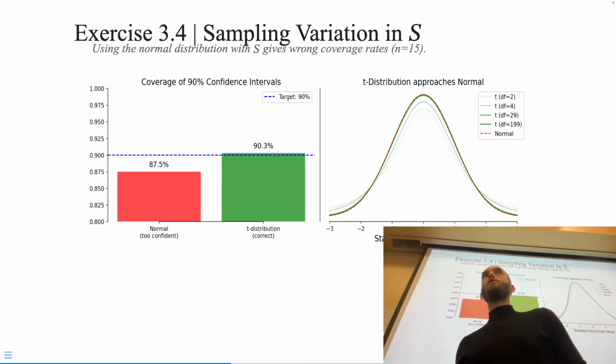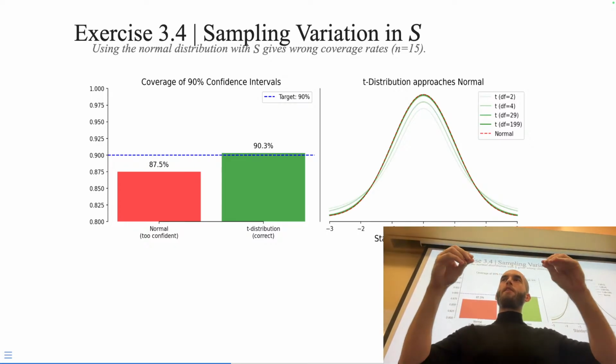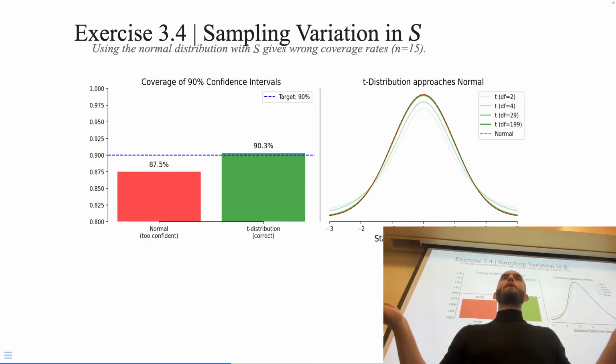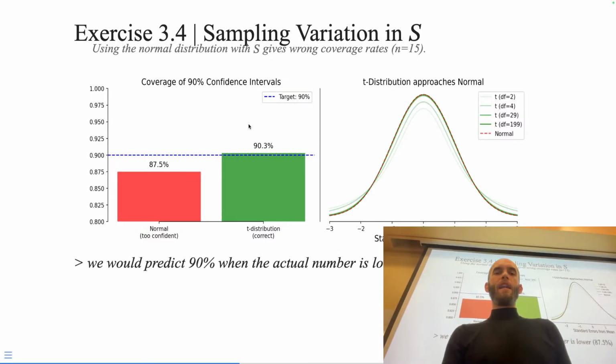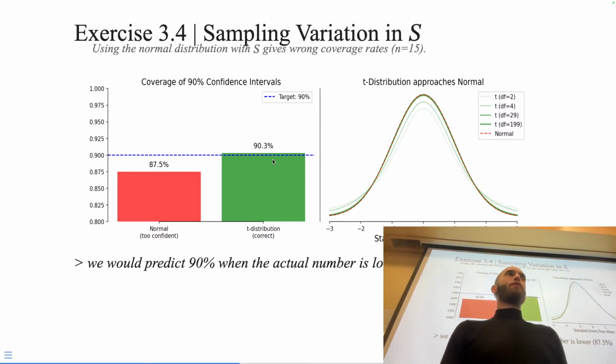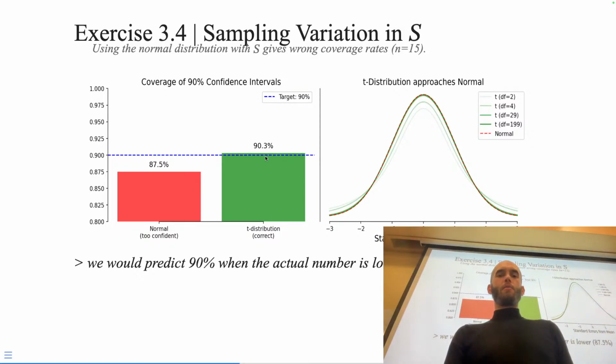It just allows us to correct for this extra possibility of being wrong, by giving us less confidence. And that's exactly the right level of confidence for our confidence intervals to be correct. So the t distribution is spot on.